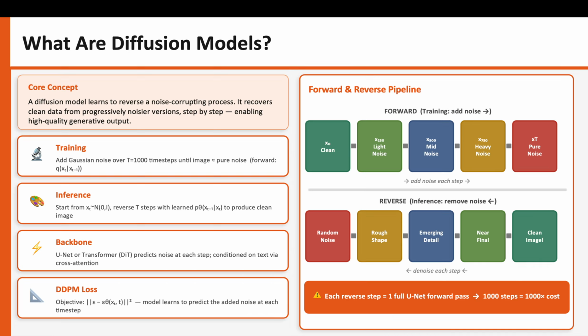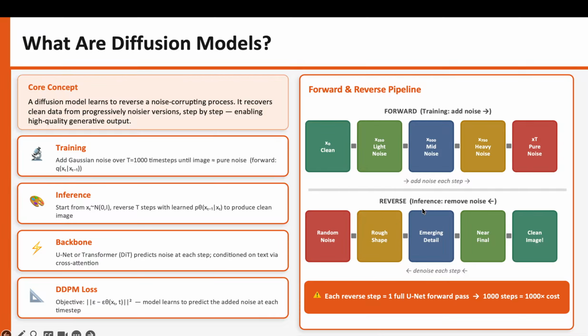Looking at the diagram on the right, the forward process goes from a clean image to pure noise. Then the reverse process, which is what happens when you generate, goes from noise back to a clean image. Each arrow in the diagram represents one neural network forward pass through the backbone architecture, which is typically a UNet or a diffusion transformer.